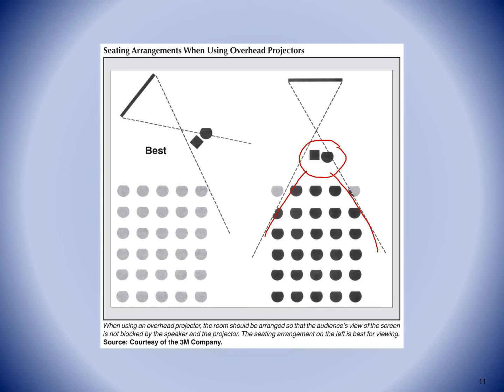And so it's recommended that we have the screen set up kind of at a catty corner. Of course, this person is still not going to have the most optimal view, but at least they'll be able to see the screen a little bit, and that won't be blocked by the presenter.